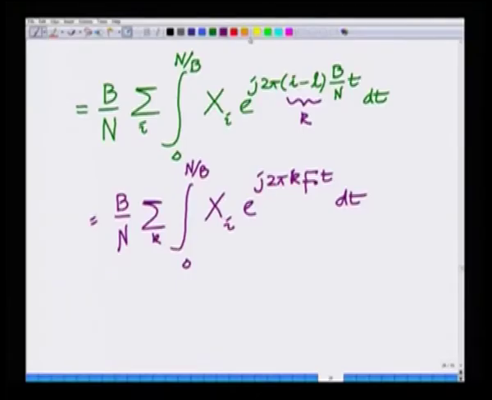Look at this, f naught is being defined as B over N, which is the fundamental frequency.